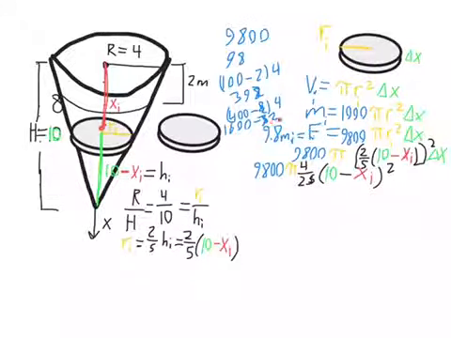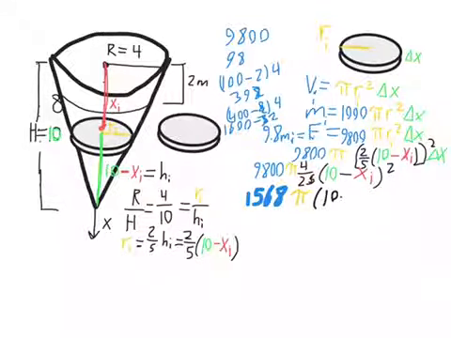And then subtract 2, that's 1568. And so we've got 1568 pi, and let's just get this done with.